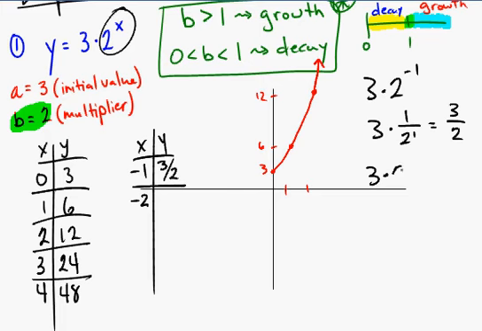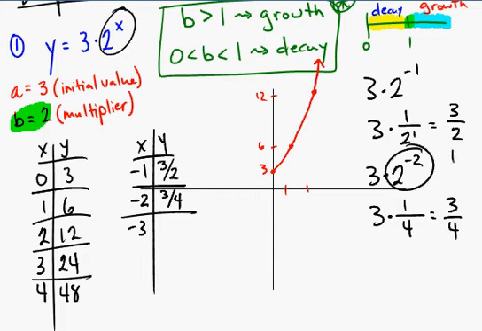That would be 3 times 2 to the negative 2, or 3 times 1 over 2 squared, which is 3/4. This is the same as this. Negative exponent.